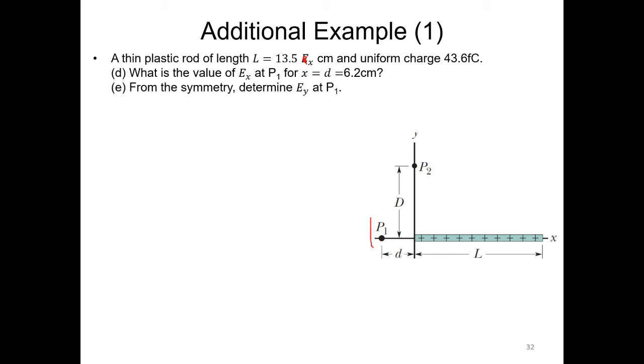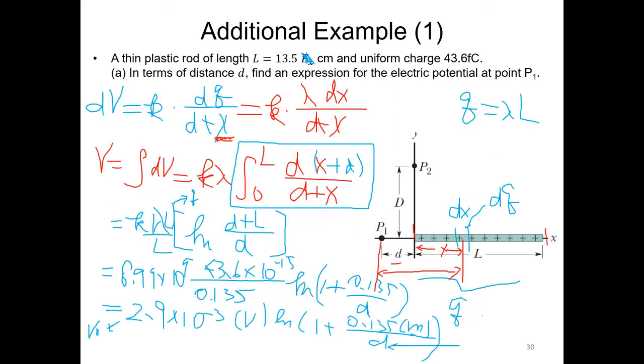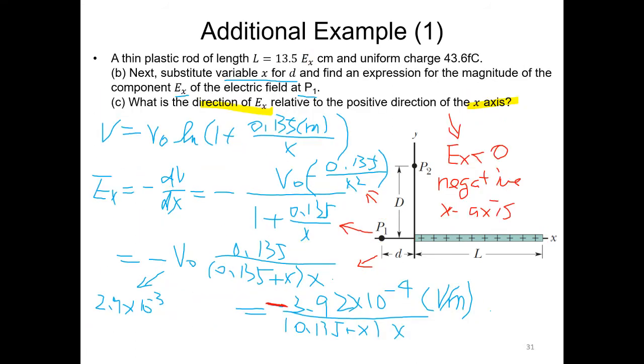So actually, we still calculate the EX here. So it is nothing special. We just substitute x equals d equals 6.2 centimeter into this expression, into the previous expression.